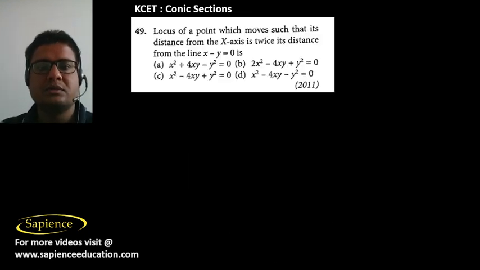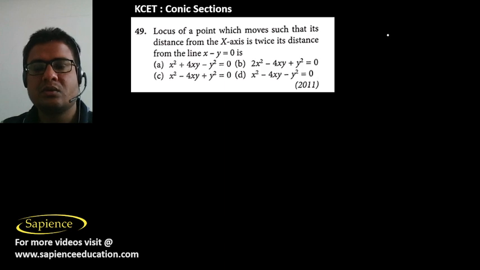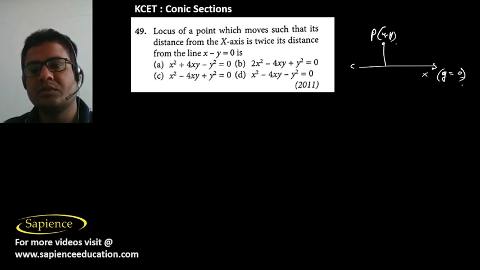Then here it is asked: the locus of a point which moves such that its distance from the x-axis is twice its distance from the line x minus y equal to 0. The locus of a point which moves in such a way that its distance from the x-axis, it means its distance from y equal to 0, which is nothing but the magnitude of the y coordinate, is its distance from the x-axis.